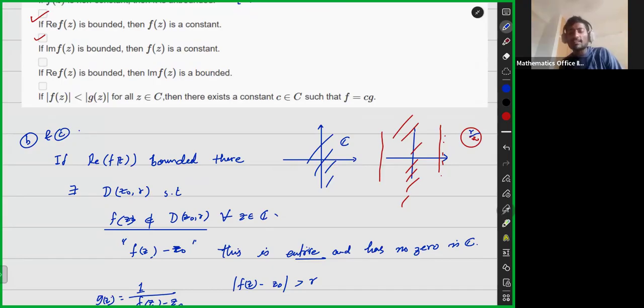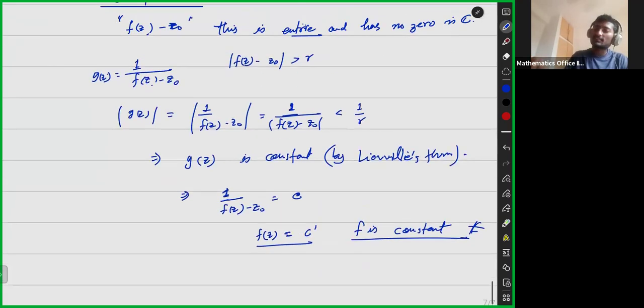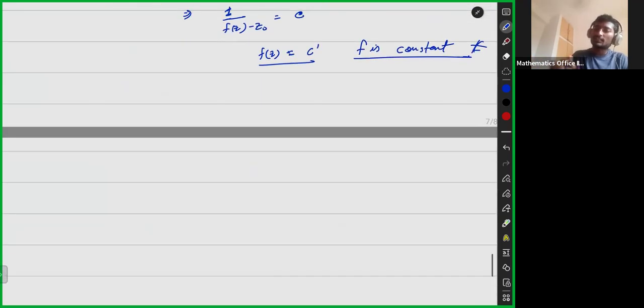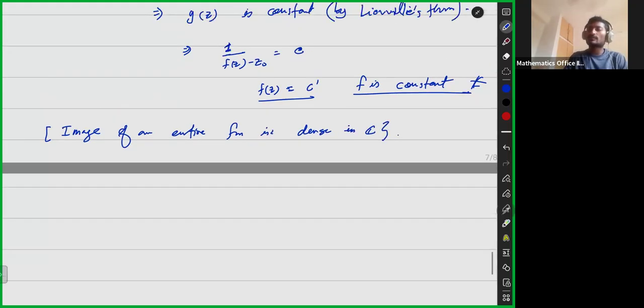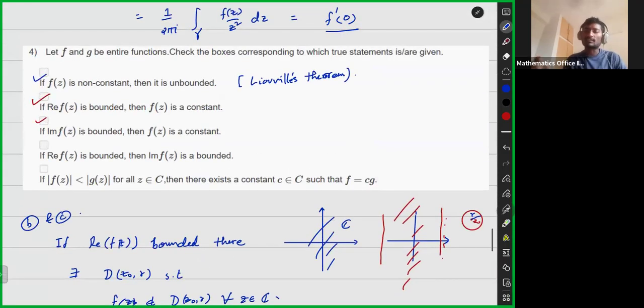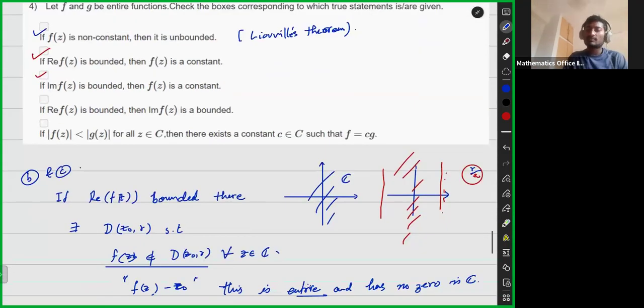What extra? The image of a holomorphic function, sorry, the image of an entire function is dense, since it is unbounded. So what I proved extra is that the image of an entire function is dense in C. So the real part and imaginary part both are unbounded.